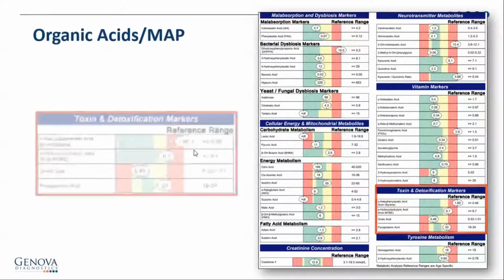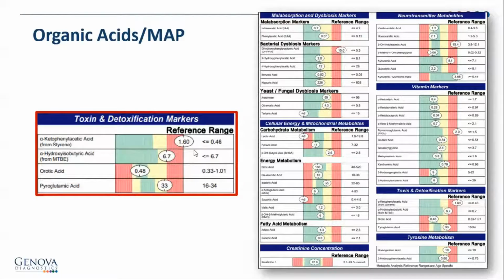And then we have the toxic and detoxification markers. Toxin and detox markers. This is about exposure. So alpha ketophenylacetic acid is from styrene.